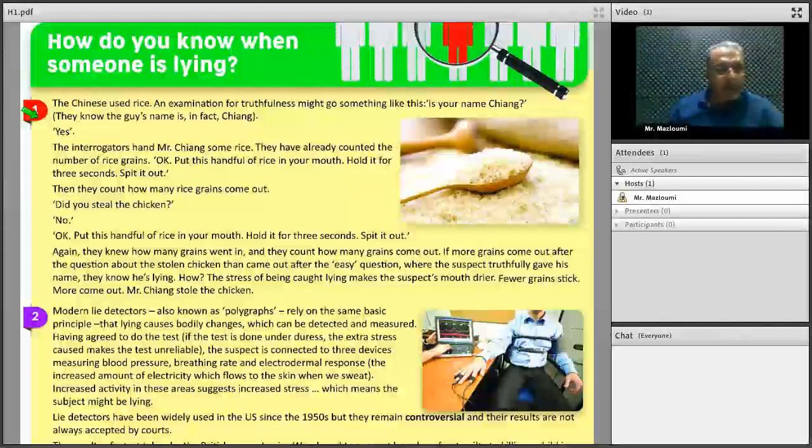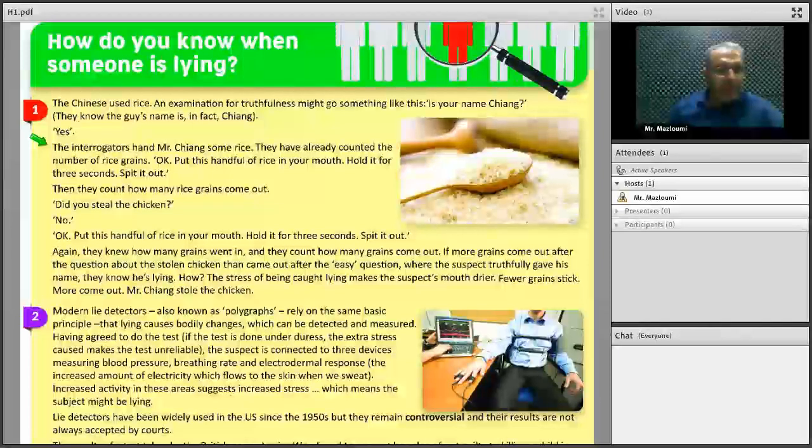Okay? Yes, the interrogators hand Mr. Chang some rice. Well, interrogator comes from the verb to interrogate. It means to ask someone a lot of questions. So, an interrogator means a person who interrogates someone else, someone who asks others questions.